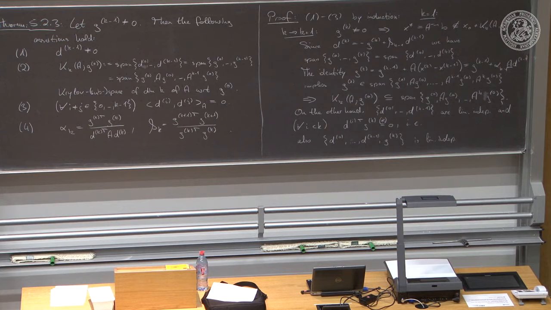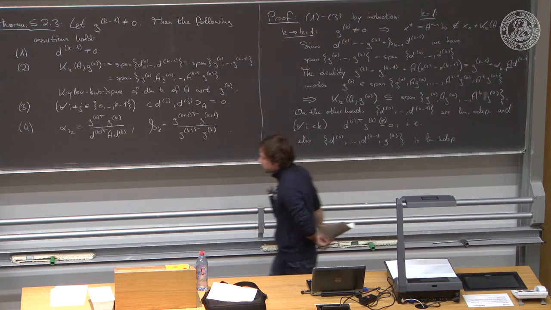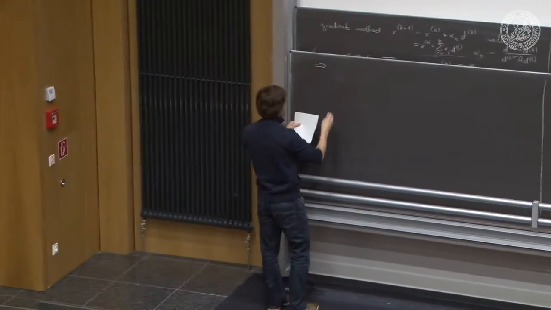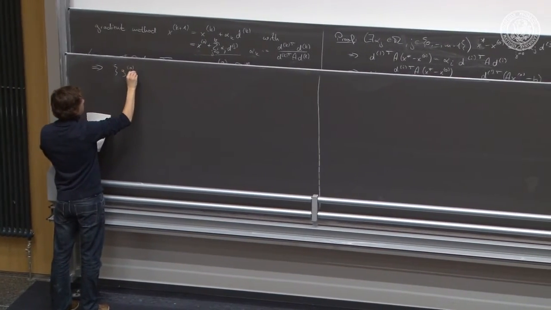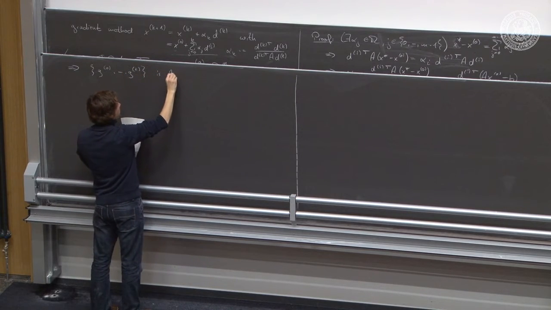These are k plus 1 linearly independent vectors belonging to the span of g_0, A g_0 up to A^k g_0, but the dimension of this subspace is at most k plus 1, and that is the reason why indeed these subspaces are equal. So g_0 up to g_k is linearly independent.